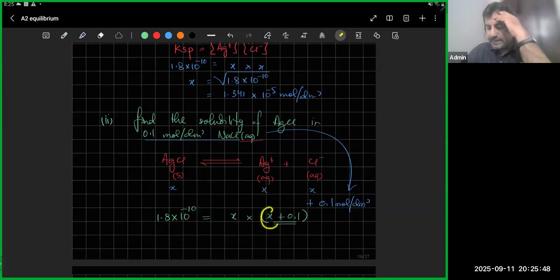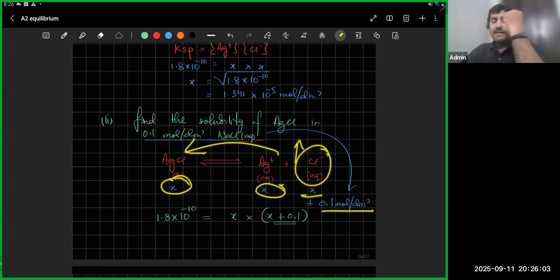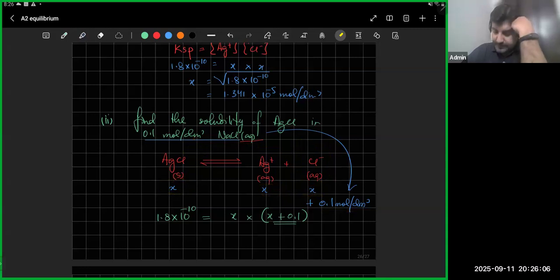Now the new X will be even smaller because the Cl⁻ concentration has gone up because of NaCl. So the equilibrium is going to shift backwards, which is why even less X will dissolve and AgCl would be even less soluble.